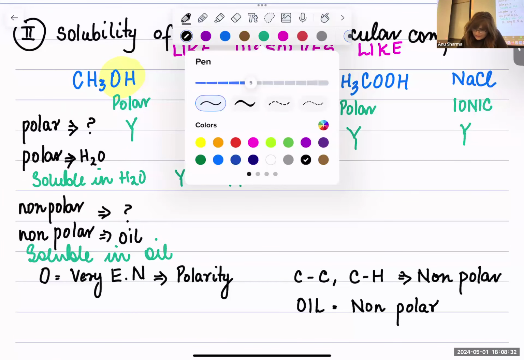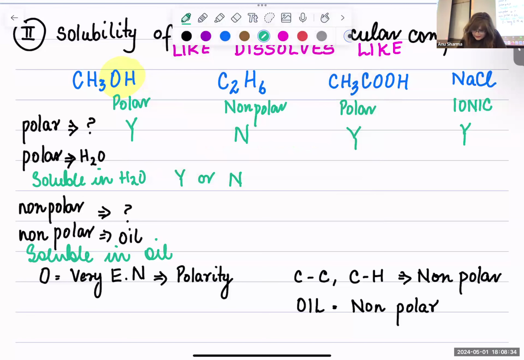So soluble in oil, the first one is no. The second one, C2H6, is non-polar, so yes. CH3COOH, no. And NaCl, ionic, never. No. So that's the main thing with the solubility of these ionic and covalent compounds.